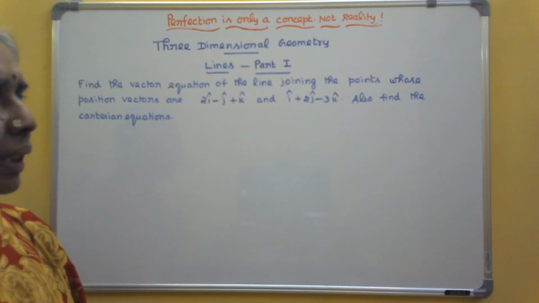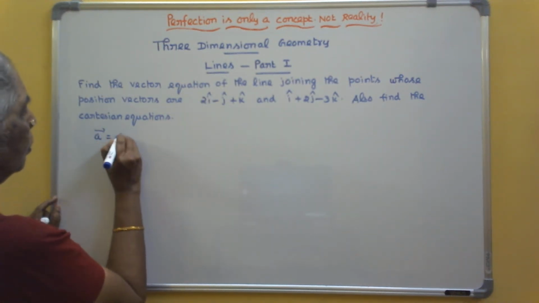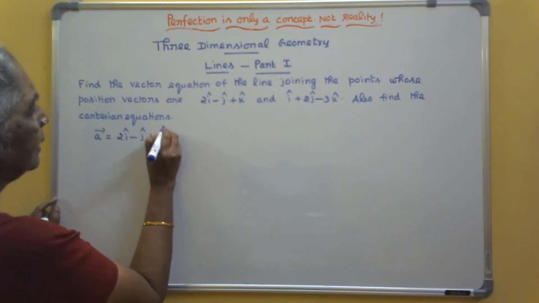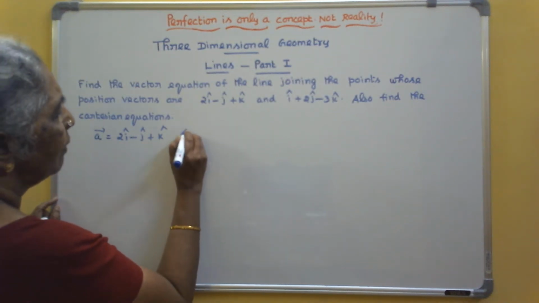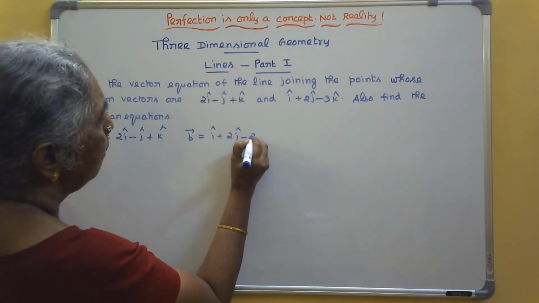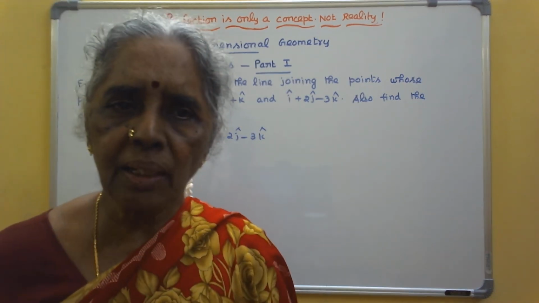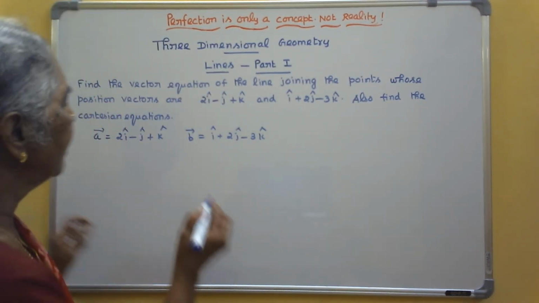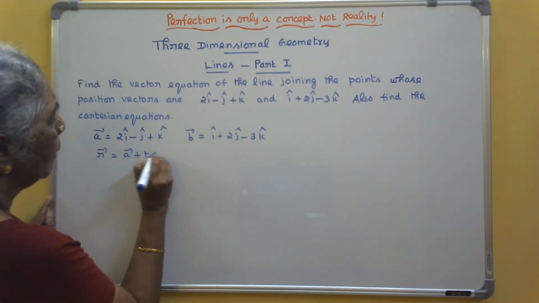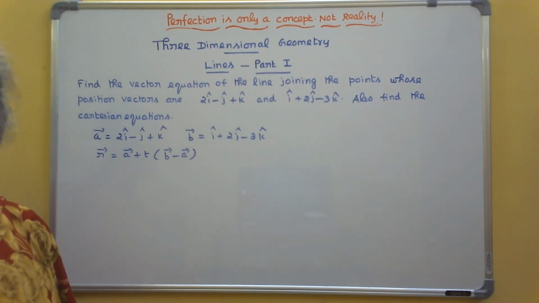Okay. So now let us start. a vector is equal to 2i cap minus j cap plus k cap, and b vector is equal to i cap plus 2j cap minus 3k cap. What is the equation of a line joining 2 points? That is r vector is equal to a vector plus t into (b vector minus a vector), right?